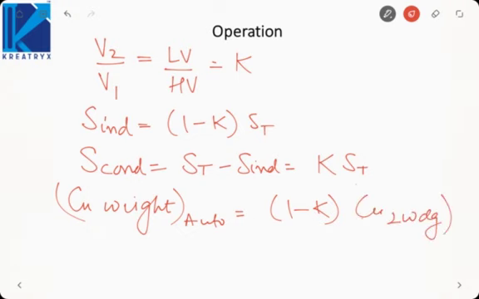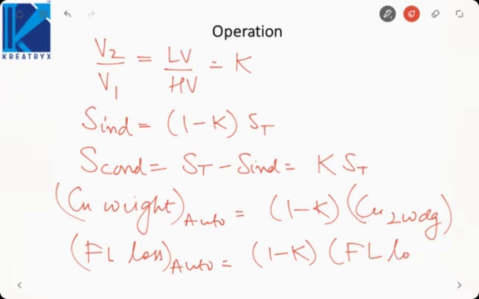As I told you, less copper is required, so the ratio of copper required in the auto transformer to the copper required in the two winding transformer is 1 minus K. Similarly, full load loss in an auto transformer is 1 minus K times the full load loss in a two winding transformer.